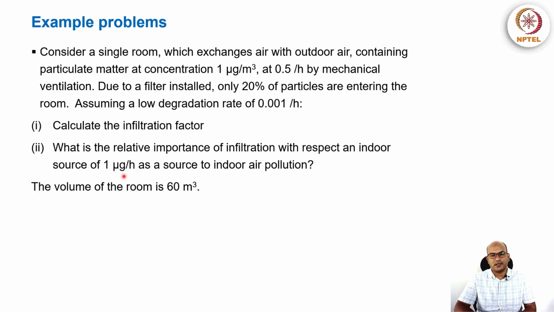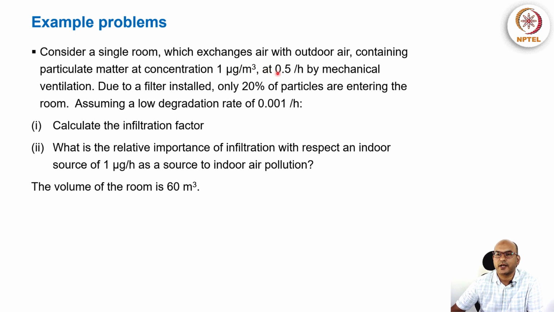We will use a simple calculation to illustrate the derivations that we did on the infiltration. We have a single room which exchanges air with outdoor air containing particulate matter at a concentration of 1 microgram per meter cube.